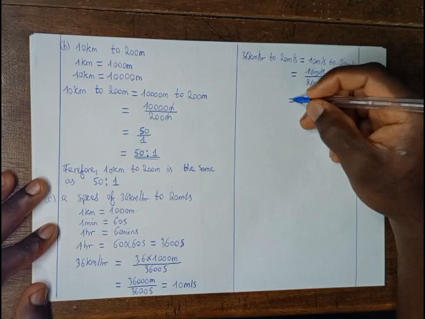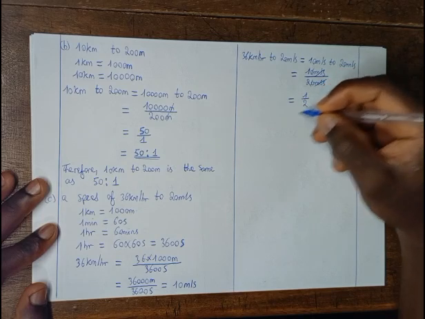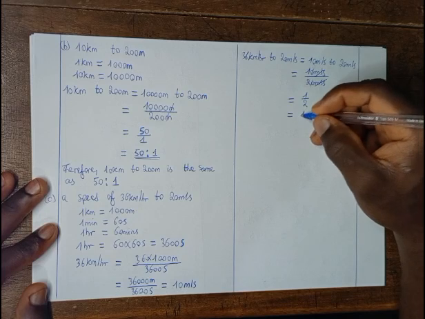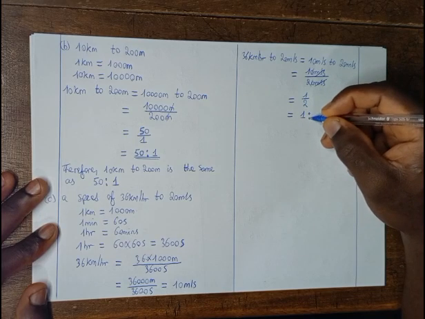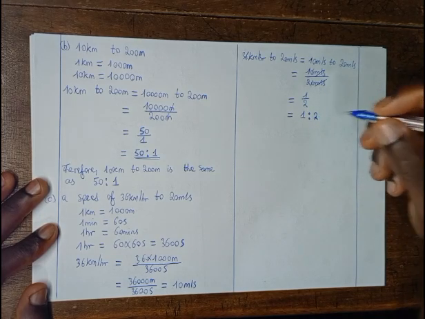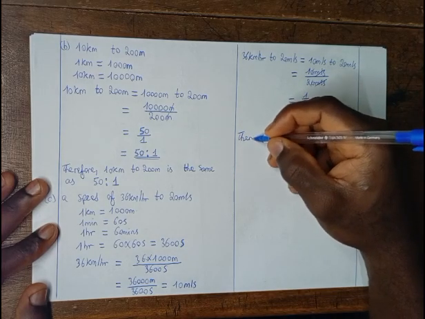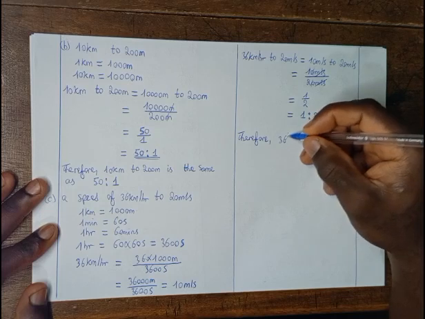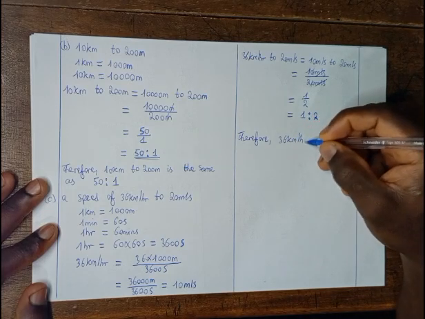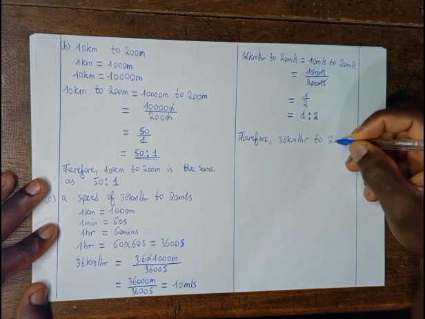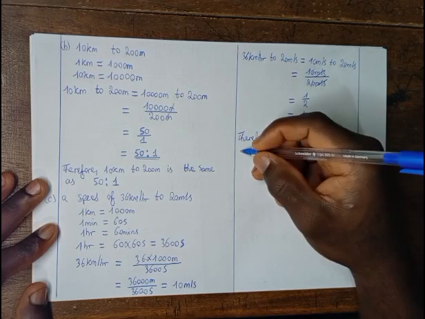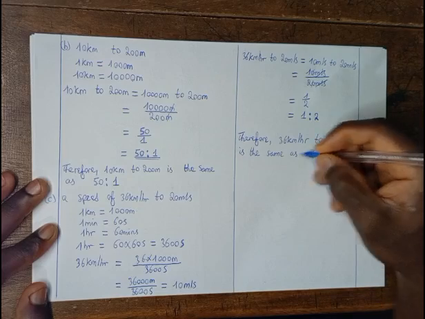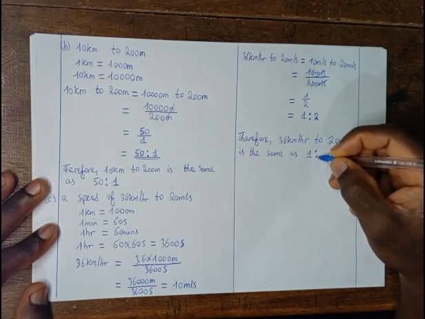This will simply give us 1 over 2. Writing it in the ratio form, this will give us 1 is to 2. We conclude, therefore, 36 kilometers per hour to 20 meters per second is the same as 1 is to 2.